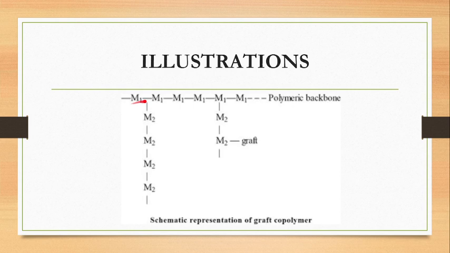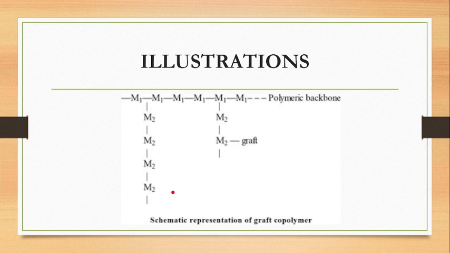There is a backbone here for one type of monomer unit. This is a polymeric backbone. From that polymeric backbone, we have monomer unit 2, the M2s, radiating from it. So we have grafted from there, and that is called a graft.